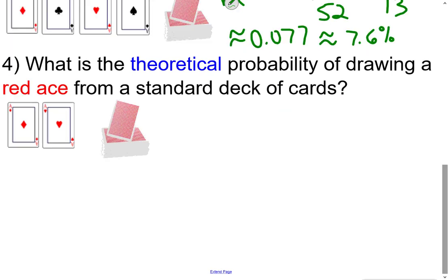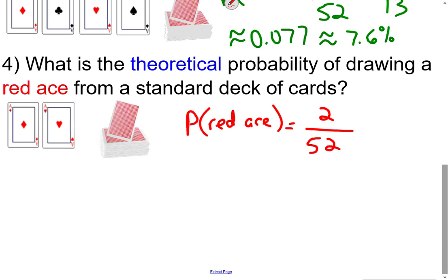Now in this one, I want to know the theoretical probability of drawing a red ace. So I want the probability now of a red ace. Not any ace, it has to be a red ace. So I already gave you the 2 cards that you could pull out of that deck. And there's still 52 cards in it. Now we have 2 of them.